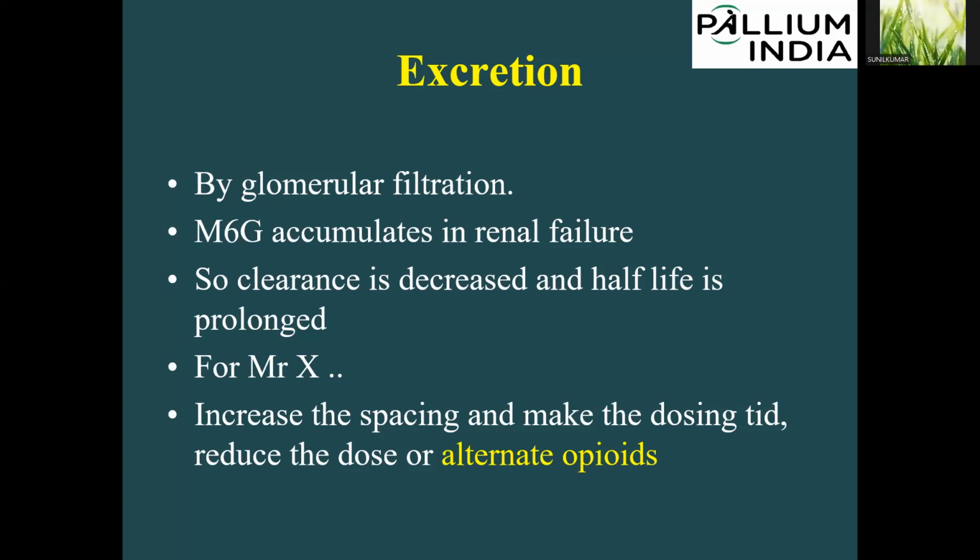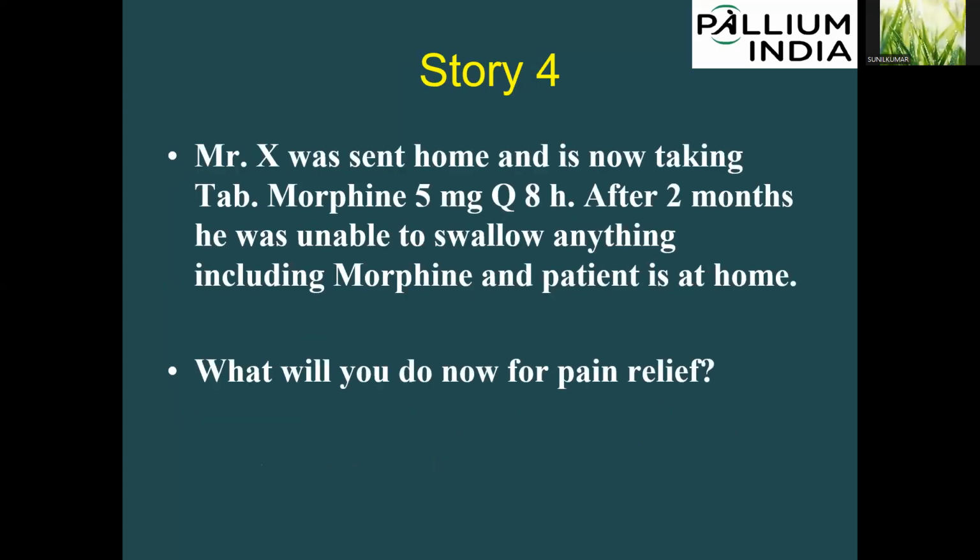Or the other option is to select renally safe opioids, that is opioids excreted through other routes. So fentanyl and methadone are the two medications which can be safely used in patients with chronic kidney disease. Okay. So we reduce the dose of morphine to 5 milligram 8 hourly.